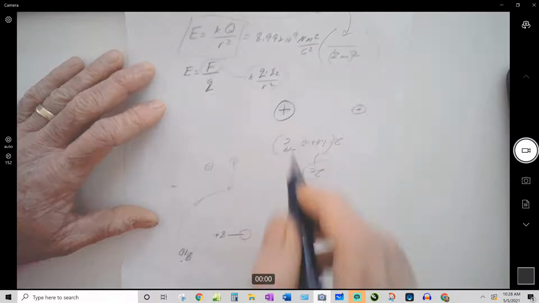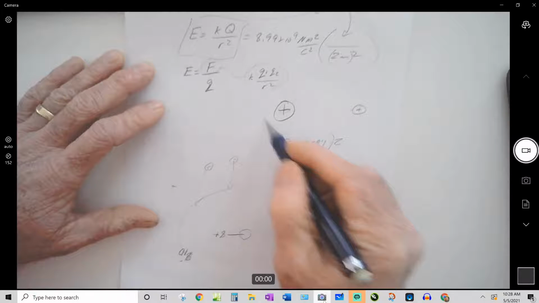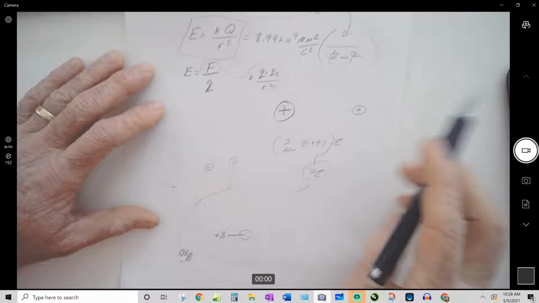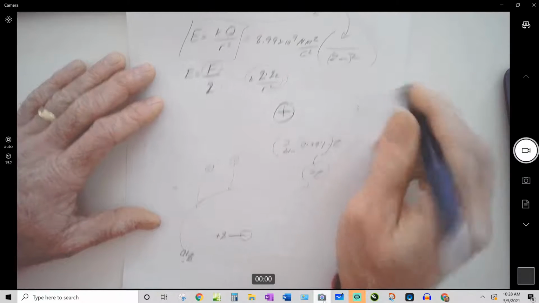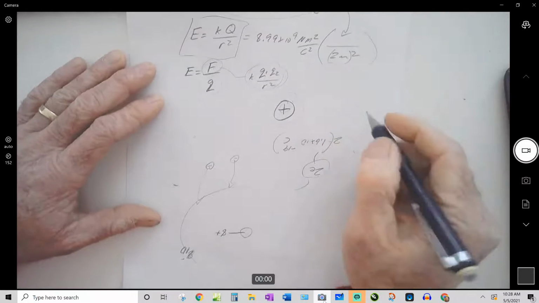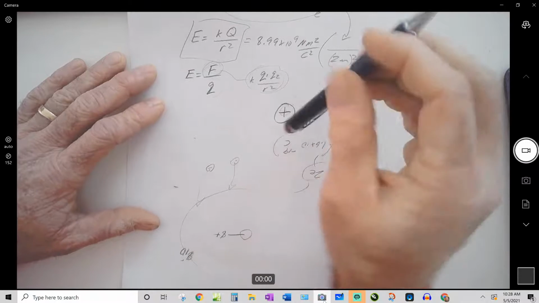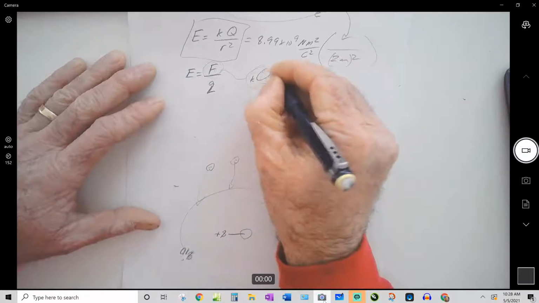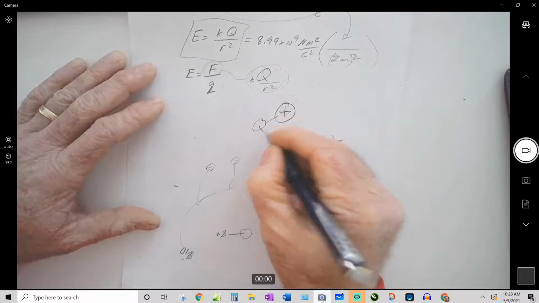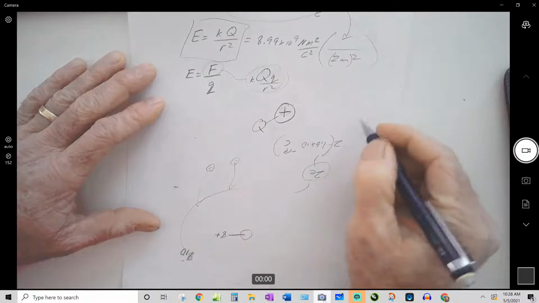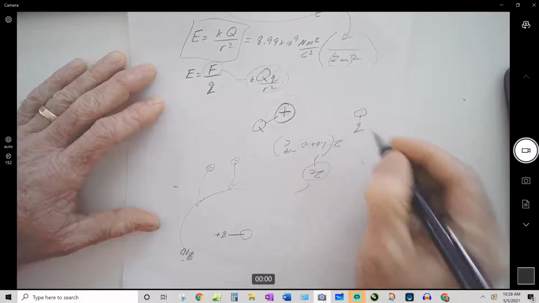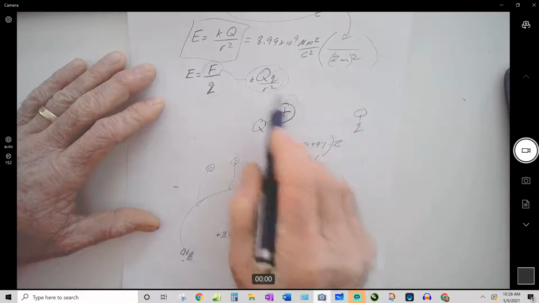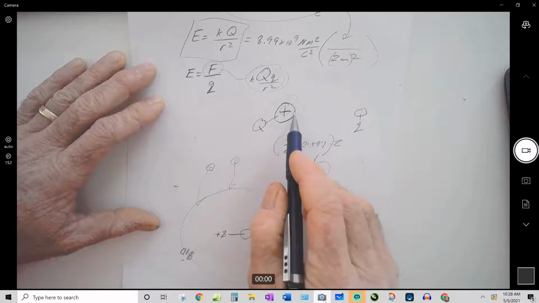So just imagine this is the charge creating the field. This is the so-called test charge out here that's experiencing the field and experiencing the force. So if I write this as big Q, which is this, times little q, which is this, this would give me the force between them.